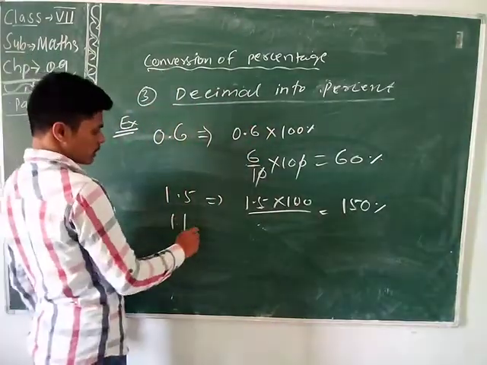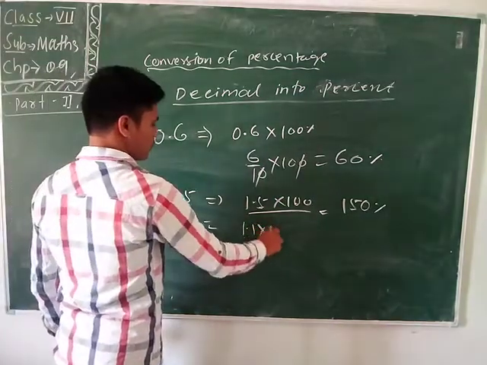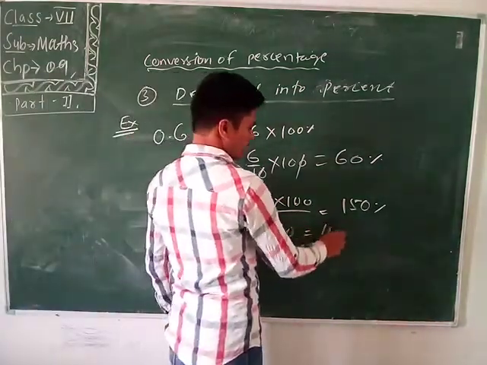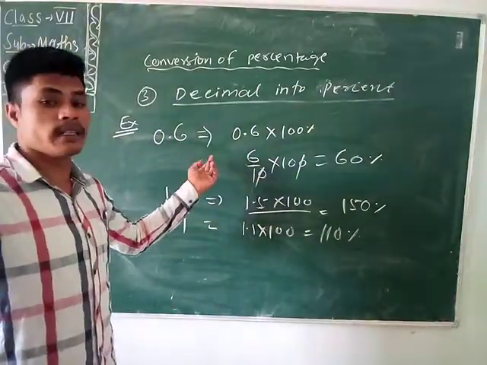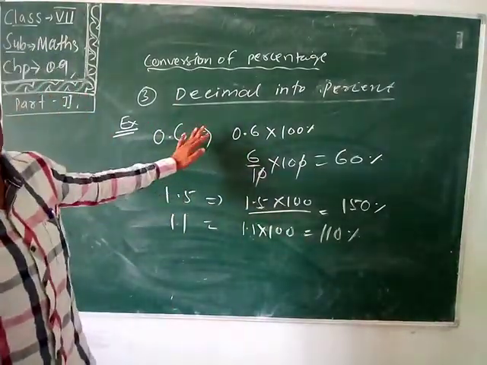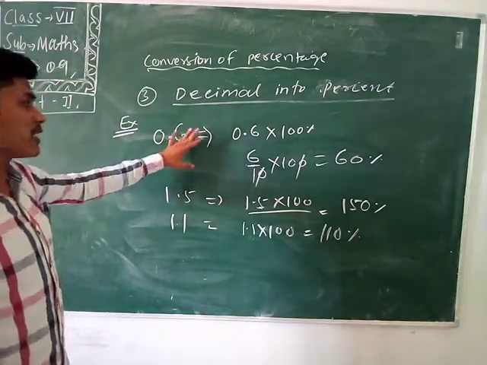If 1.1 is there, then 1.1 into 100 equals 110%. When we convert decimal into percent, we multiply by 100. Now we convert percent into decimal.